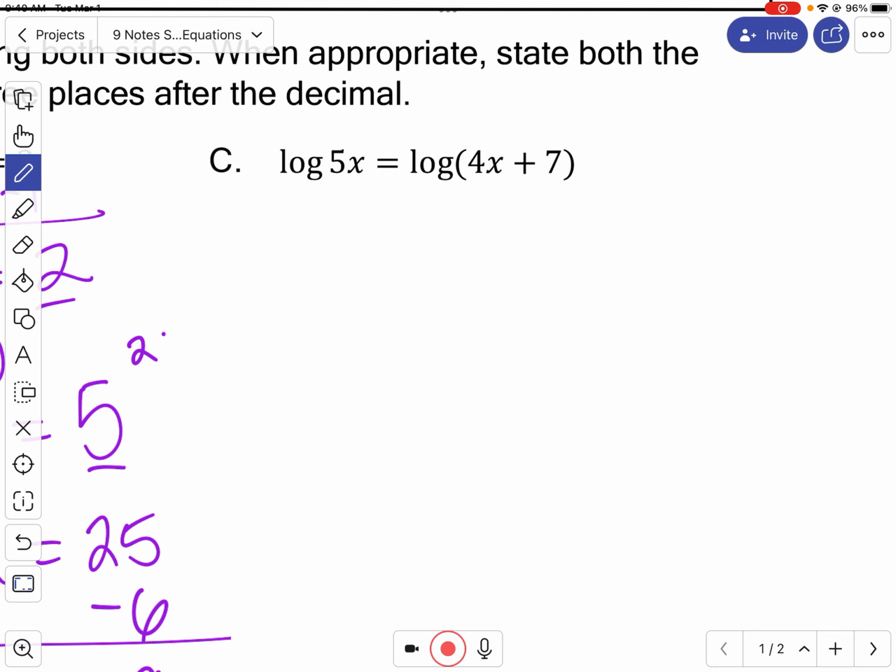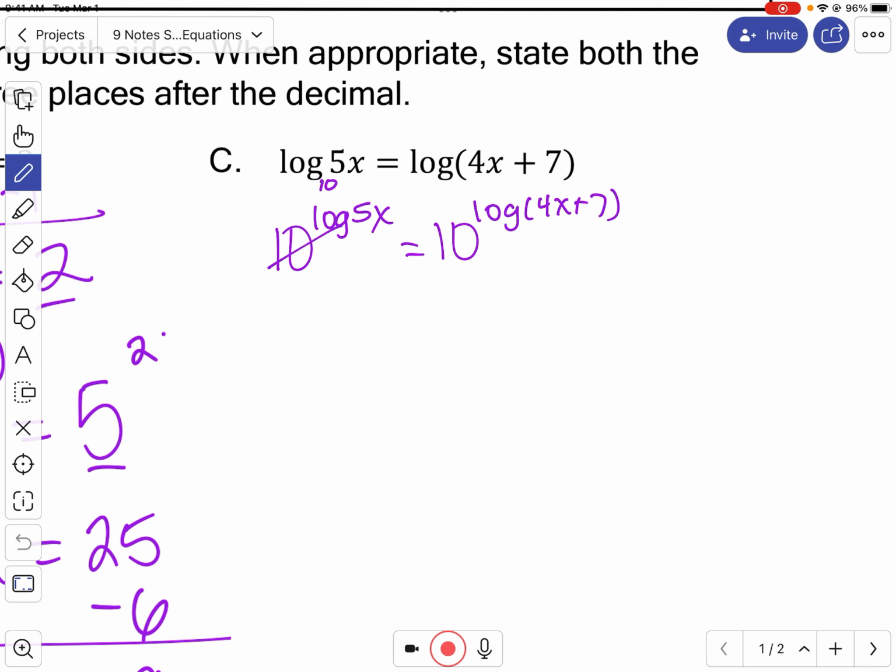Okay, last one for this section. Notice that I have a log on one side and a log on the other, so I can't isolate them, but I can go straight into changing it to an exponent. My base is 10, so I'm going to do 10 raised to this power, and then 10 raised to this power.